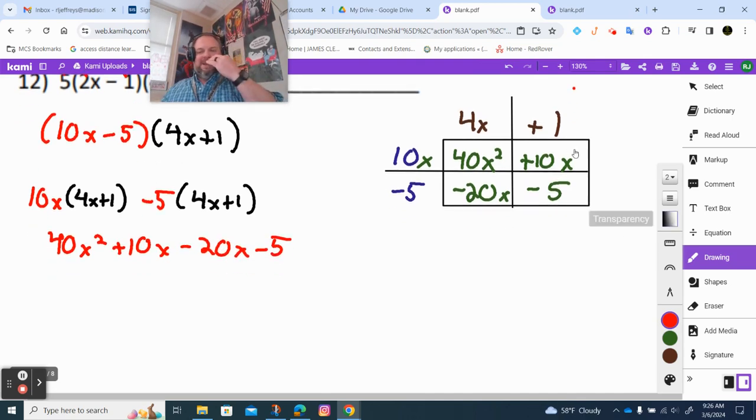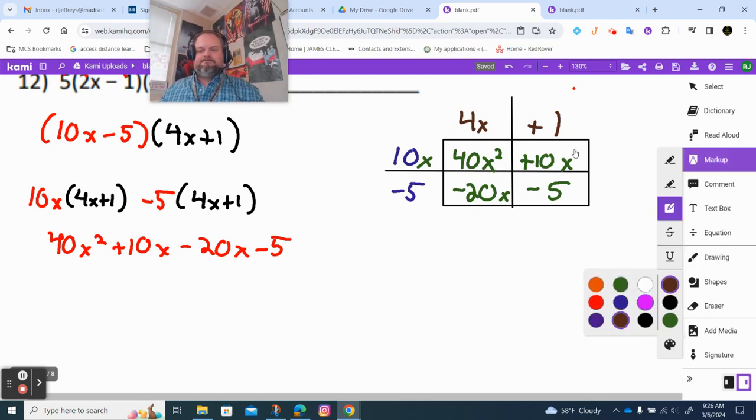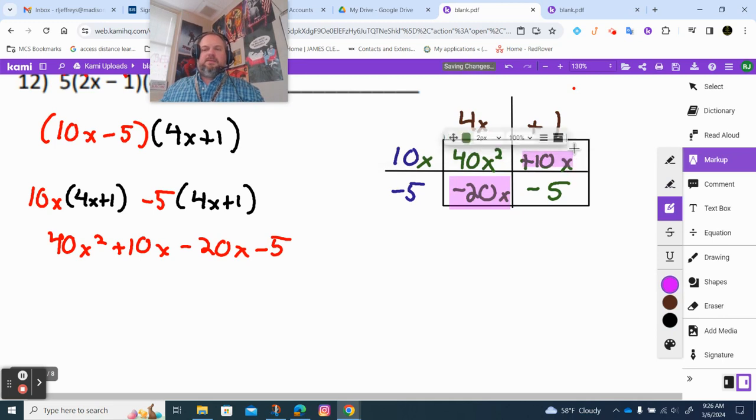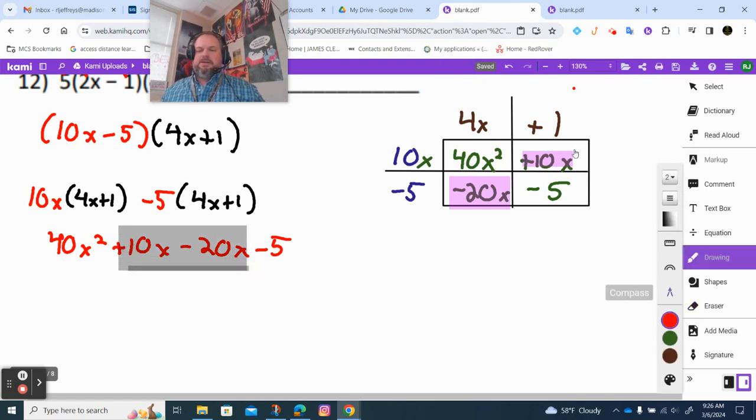Those are our like terms. Same thing here. All right, so our final answer should be 40x squared minus 10x.